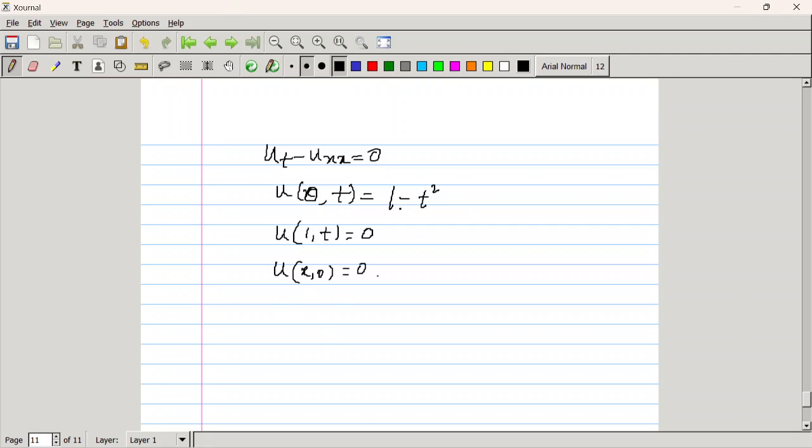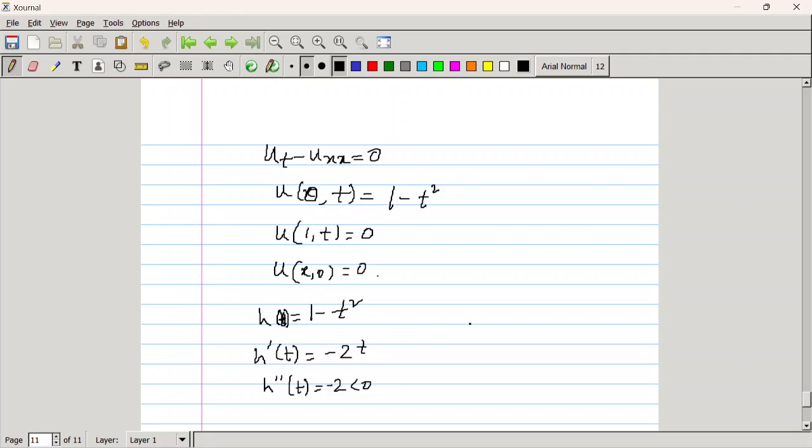So what is the maximum of 1 minus t square? Suppose h of t equals 1 minus t square. Then h prime of t is minus 2t, and h double prime of t equals minus 2, so it is always negative.